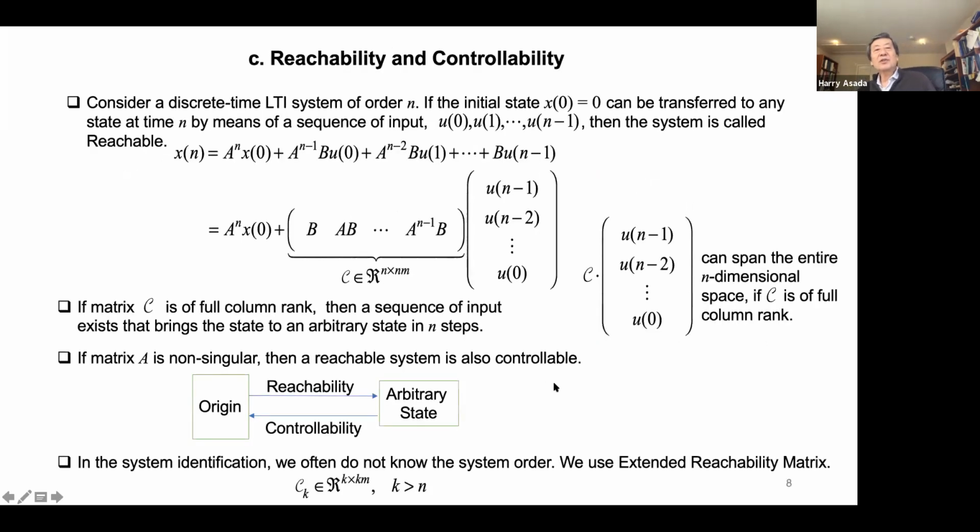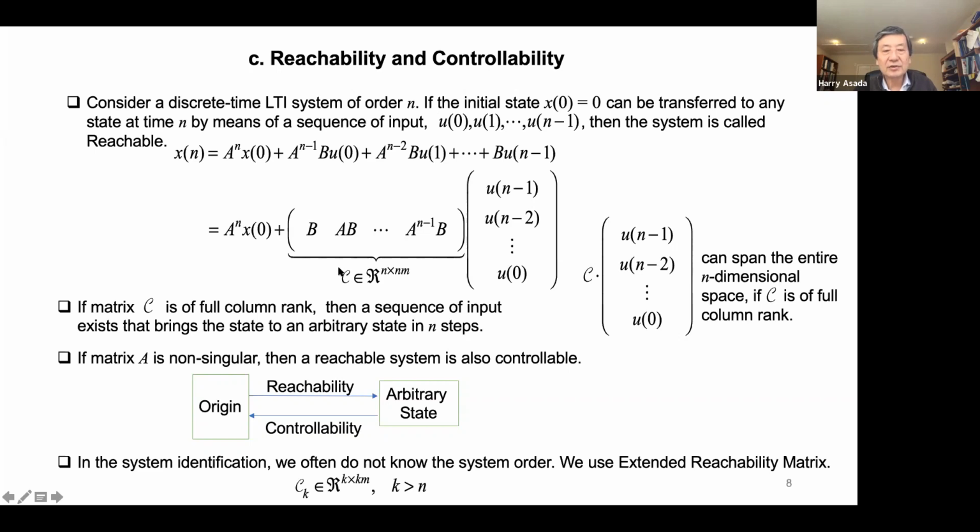Okay, the other thing is basically reachability, or controllability, I would say. Suppose we look at the nth state that can be extended in this way. The initial conditions and the input sequence you use pile up here, and this as a whole can be written collectively as the matrix B, AB, up to A to the n minus 1 times B, times the input.